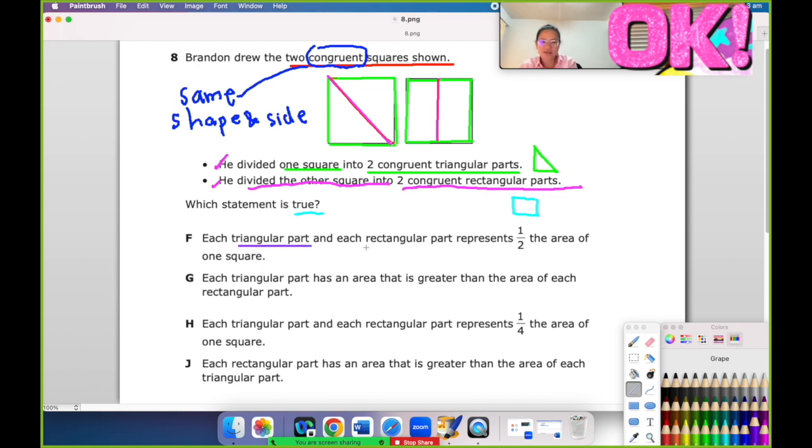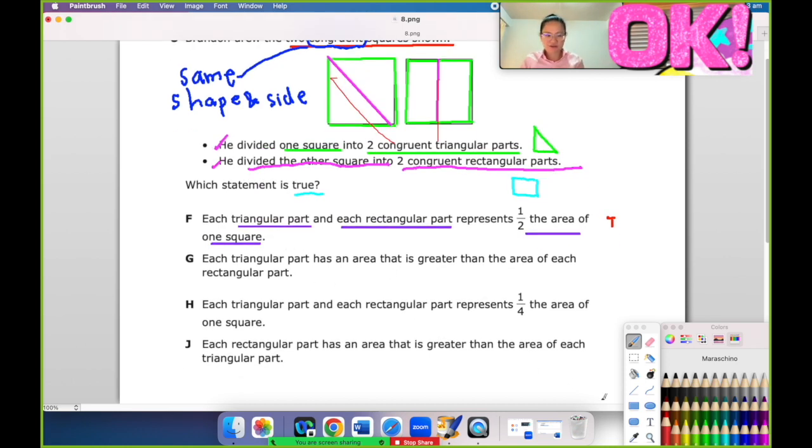Each triangular part and each rectangular part represents one half of the area of the square. Do you think it's true or not? Yeah, I think it's true as well. But can we go next to G? Can you read G please?